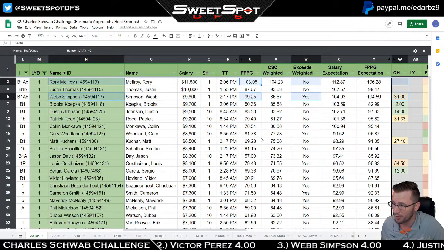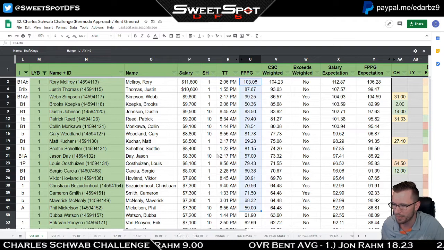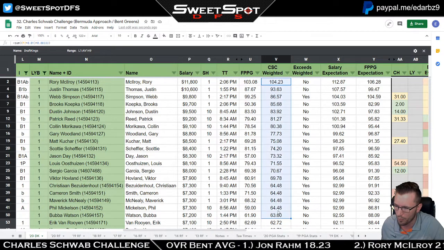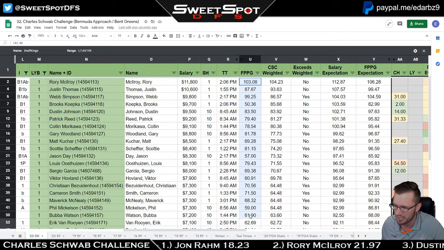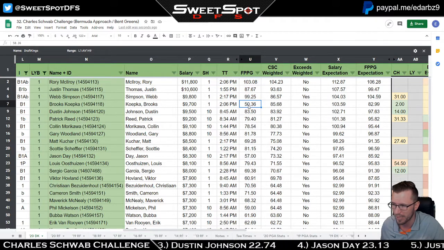There's an enigma underneath Webb in the name of Brooks. This 50 is actually a terrible number for Brooks. What I would really like, what I would want to compare the weighted number to, is the overall fantasy points per game that these golfers have, because Brooks obviously was battling a knee injury, surgery, and this would be poor form because of that injury.